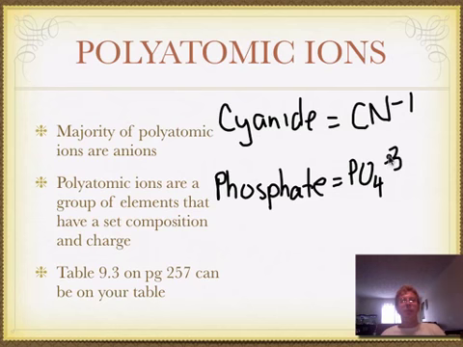Now, I'm not expecting you to memorize this chart, but you should know how to use it. And if we know the charge for our polyatomic ions, just like with the transition metals, we can do the math and figure out exactly what our compound formula is going to be.